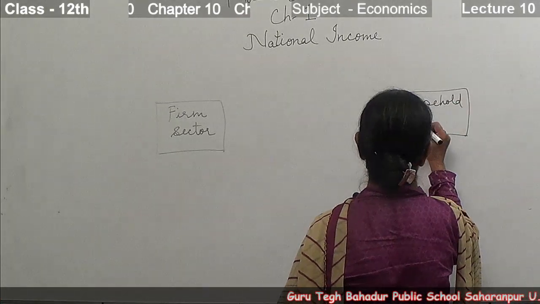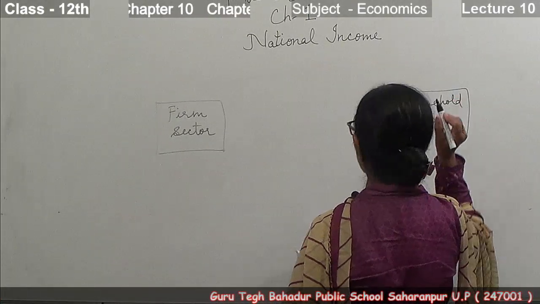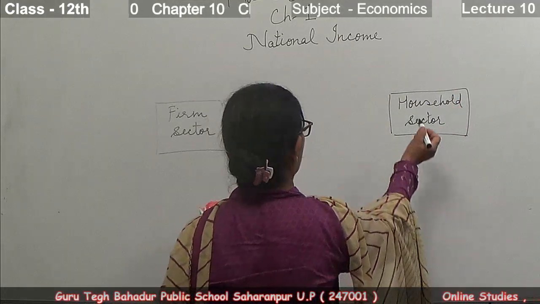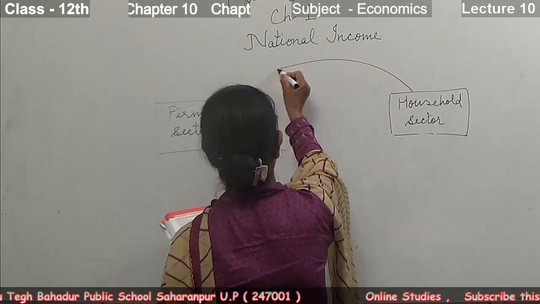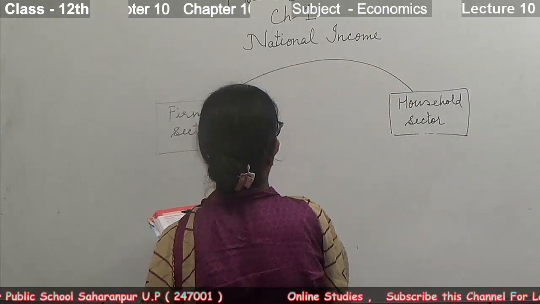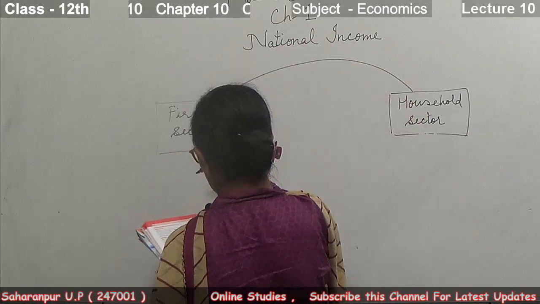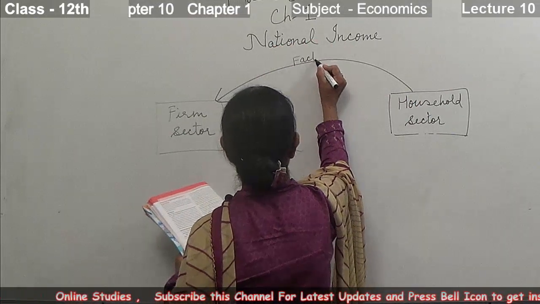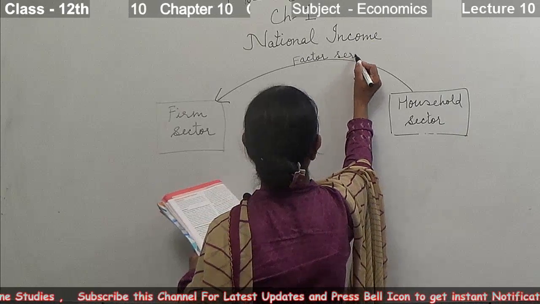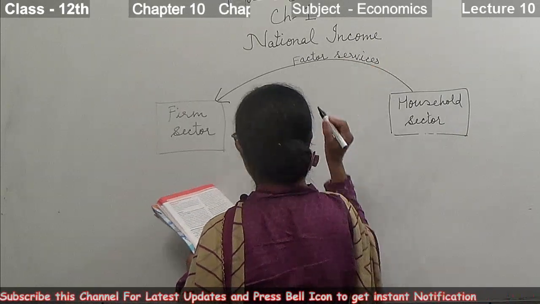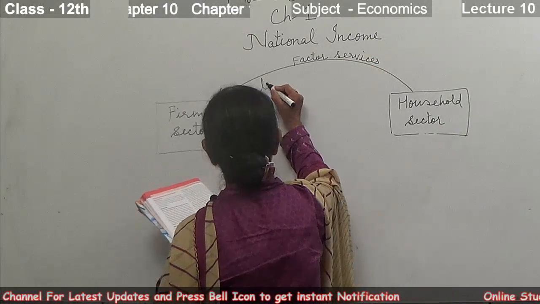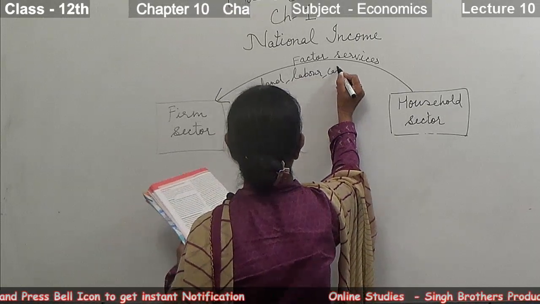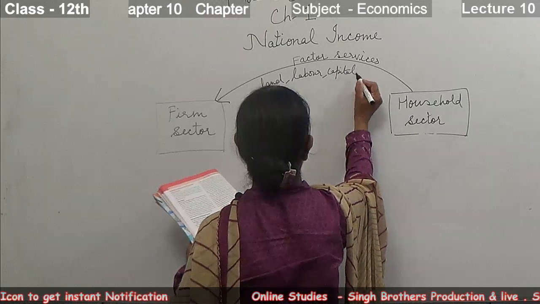So first of all, the household sector is providing factor services. Household sector gives its services to the firm sector. Factor services in the form of land, labor, capital, enterprise.